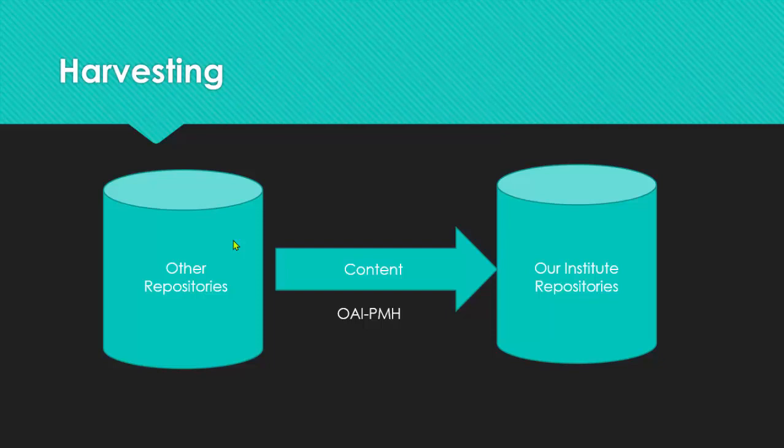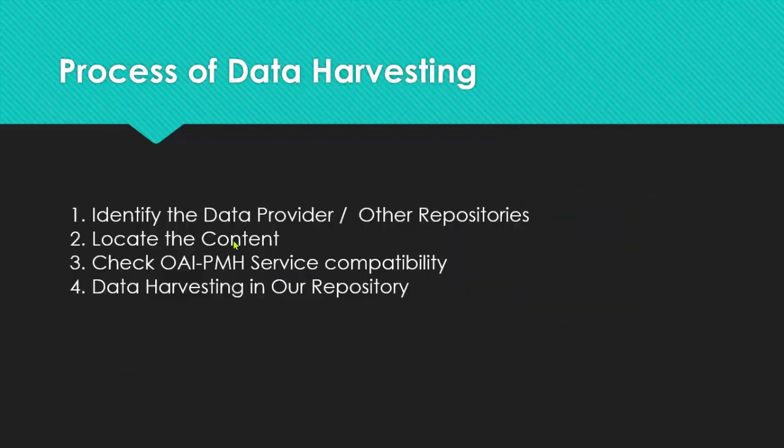Here we are using OAI-PMH, that is Open Archives Initiative Protocol for Metadata Harvesting. Before going to metadata harvesting, we have to plan for it. First, we have to identify the data provider or other repositories where the content is available. Then we have to locate the content, which content we want in our repository.